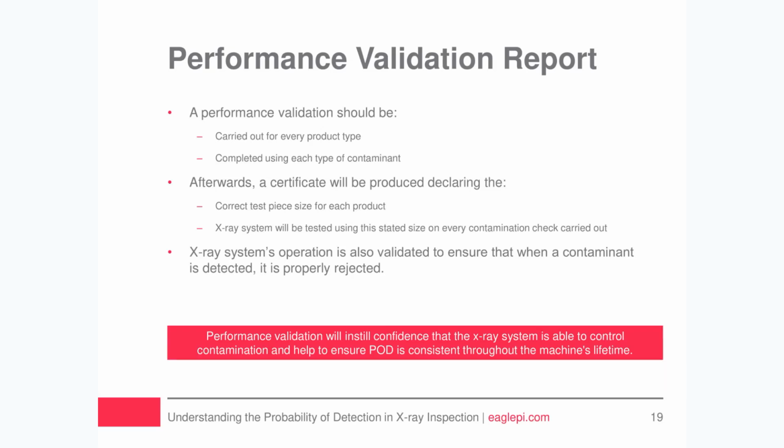Such tests should be performed to a statistically significant, as well as practical, number during the installation and setup. A performance validation will give a food processor confidence that an X-ray system is able to control contamination to an acceptable level, and to help ensure POD is consistent throughout the X-ray system's lifetime.